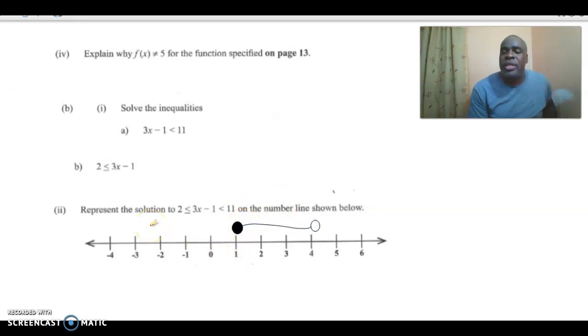It's better to use a straight line, right? Good. So the value of x would fall between 1 and 4. Equal to 1, but less than 4. Alright? Good. So this will be your solution to that part of the question. Alright, so we're going to go to our next question in short.